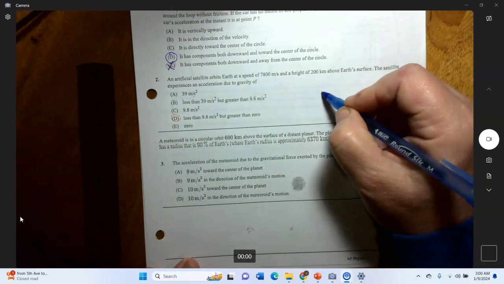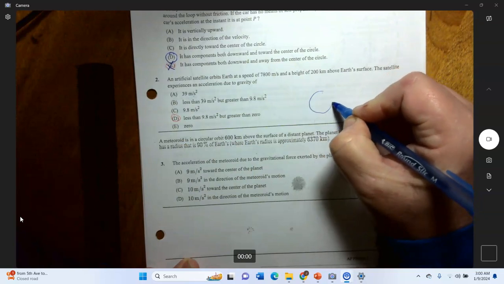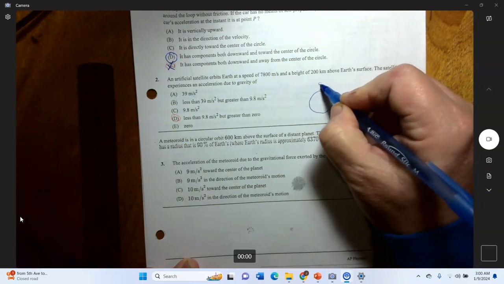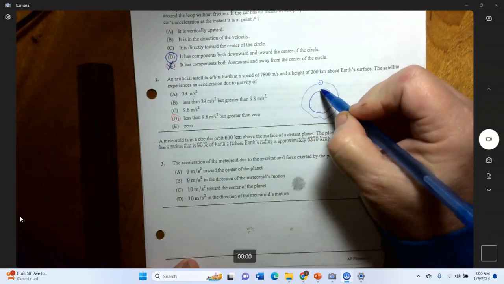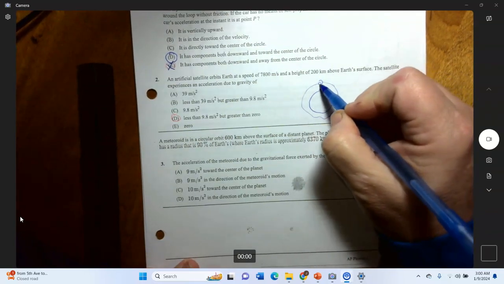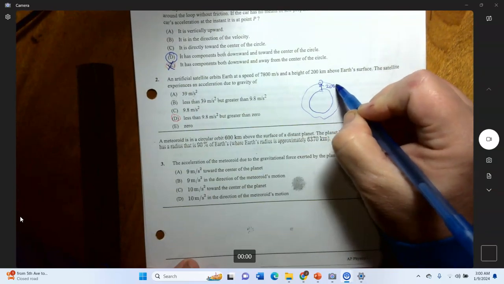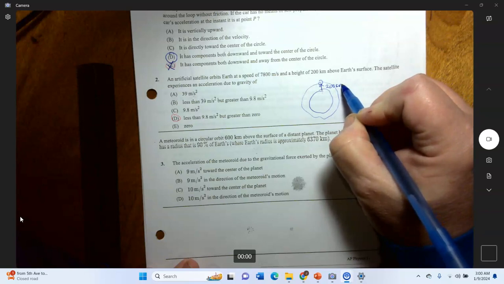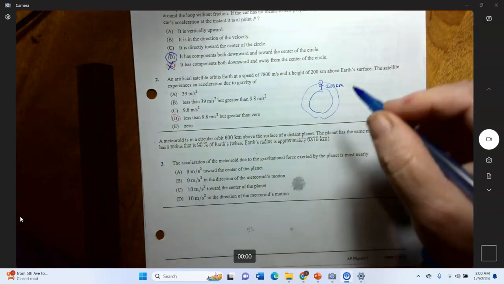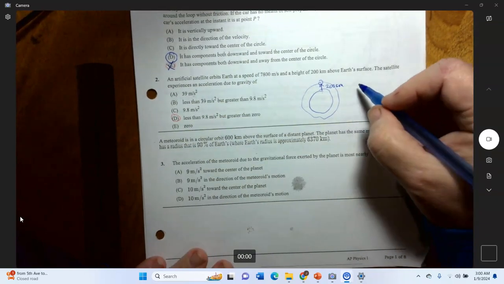So here's Earth, and here is the satellite going around like that, and it's saying that that's 200 kilometers above the Earth's surface. Okay, well, this is more of a concept question.